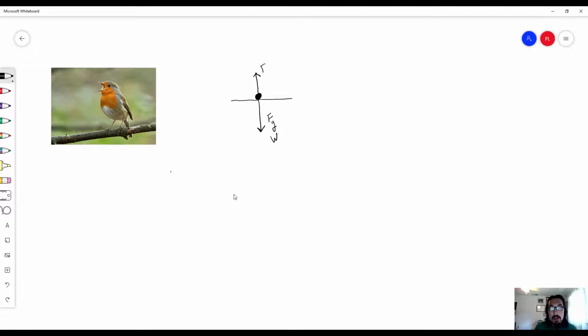Now you might see it written as F of N or a capital N. Either way works. I prefer F of N. All right. So this is my free body diagram. Now a couple of things to notice. Because this object isn't going through the branch, the weight and the normal force look about the same in size here. And the reason I say this is because the magnitude of the vectors, the size of the arrows, actually tells us something.